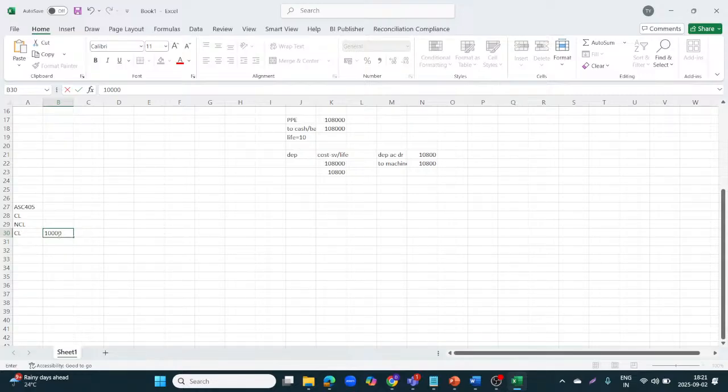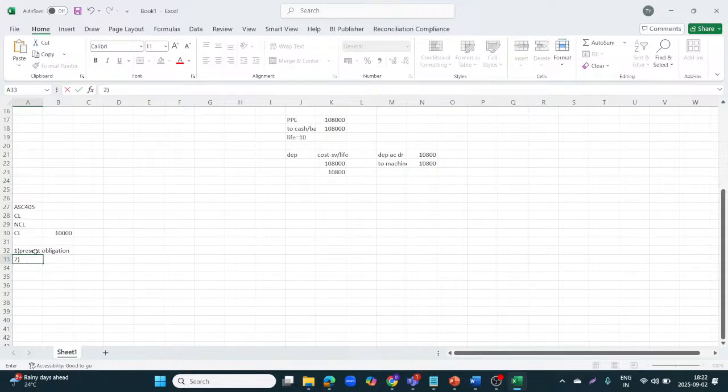Now how will you recognize the liability? Accounting Standard Codification 405 says a liability should be recorded when three conditions are satisfied. You should have a present obligation which is due to a past event. Second, it should be probable that the obligation will require settlement.